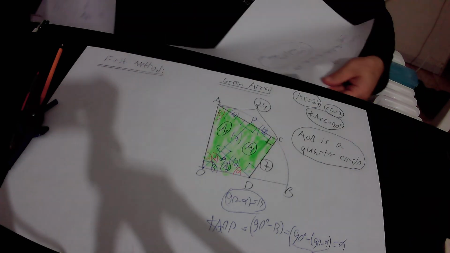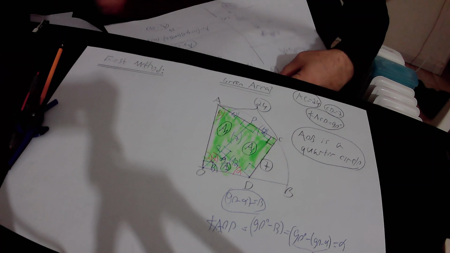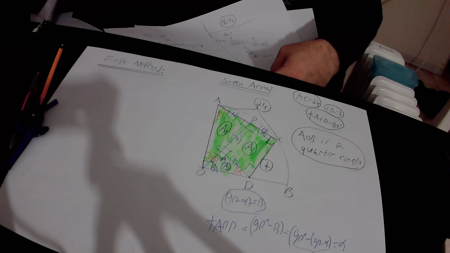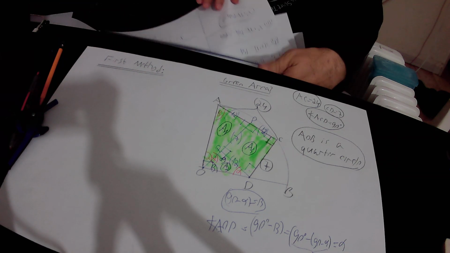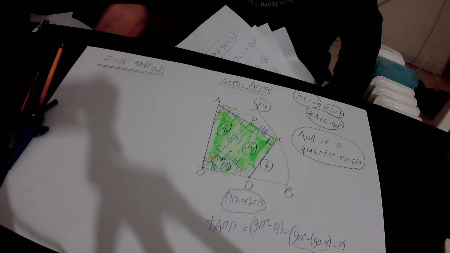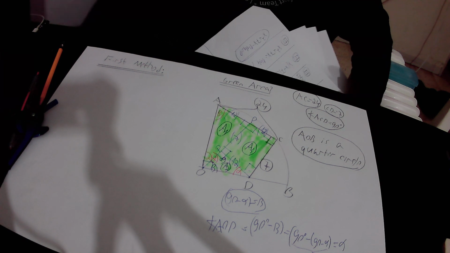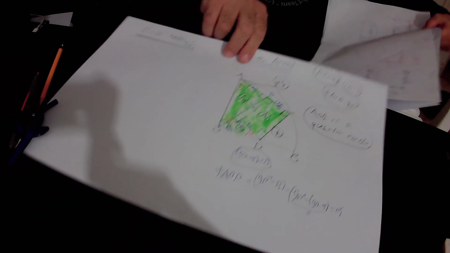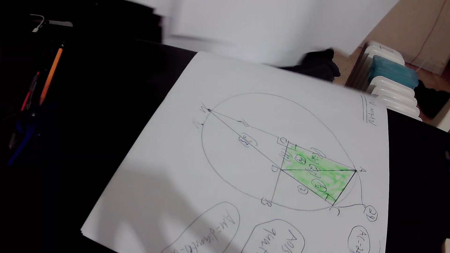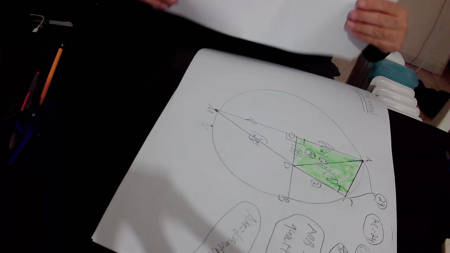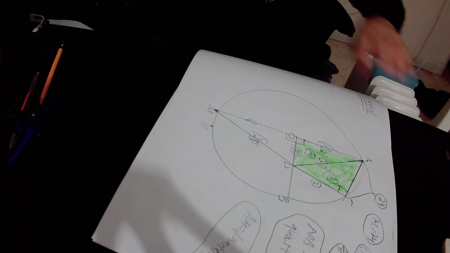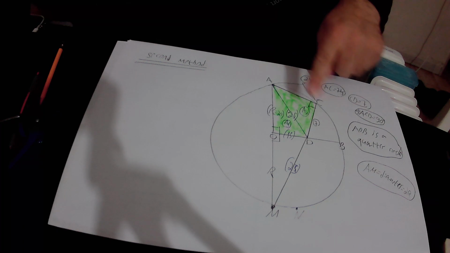We finished the first method, and now I will present how to find the area of the green shape according to the second method. In the second method, we joined points A and D together by a straight line.